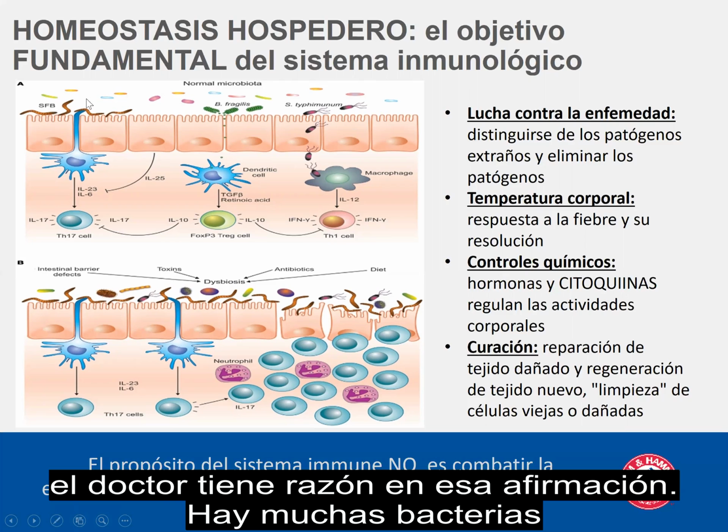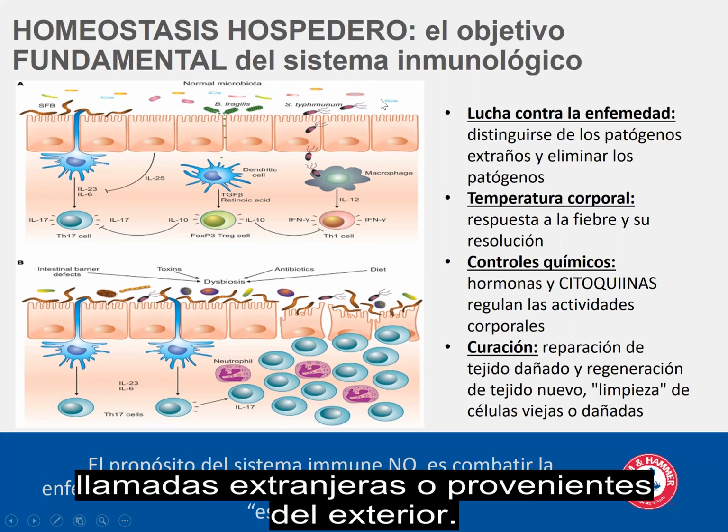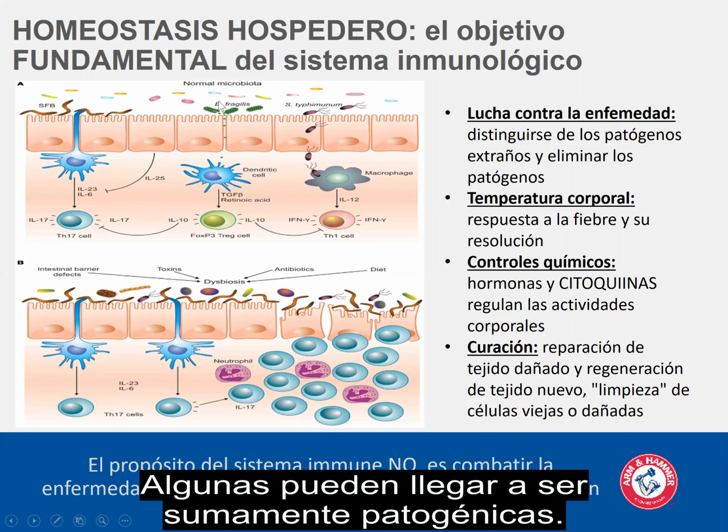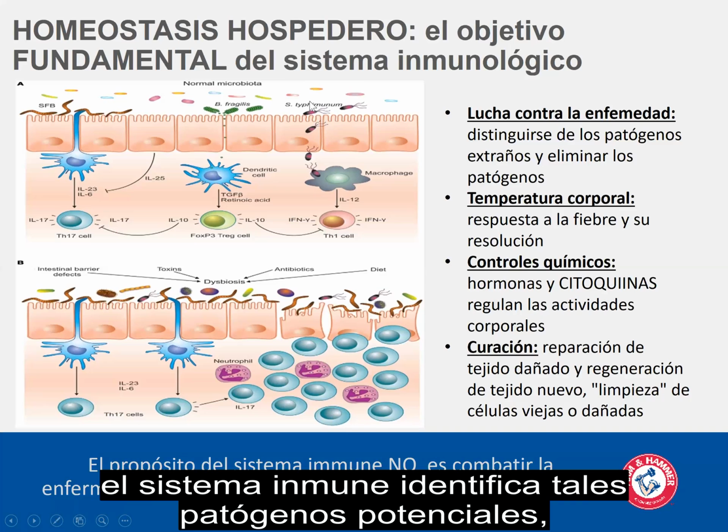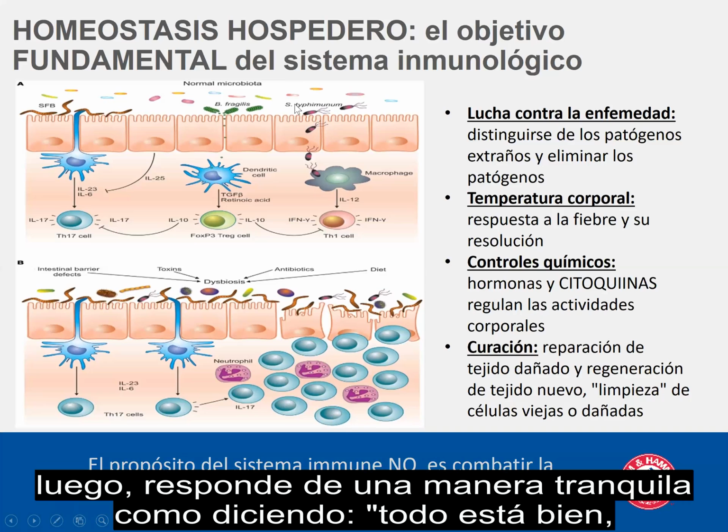There's many bacteria that are considered non-self or not the host, some of which have the potential to be very pathogenic. But when everything is in a normal state, or homeostasis, a steady state, the immune system samples those potential pathogens. It responds in a way that says, oh, okay, you're there, we know you're there, but everything's fine.